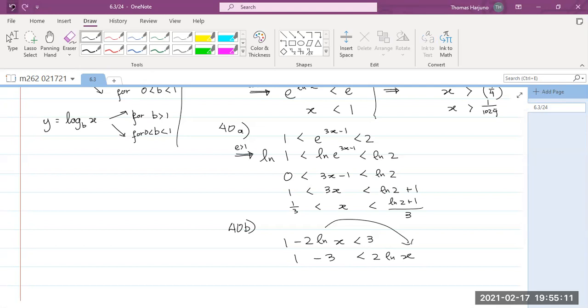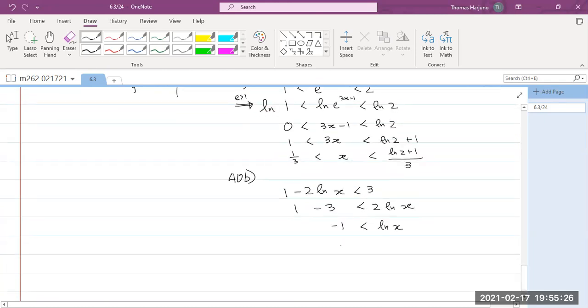Then on the left-hand side, negative 2 divided by 2 becomes negative 1. So negative 1 is less than ln x. So e to the negative 1 is less than x, or another way to say it, x is greater than 1 over e.